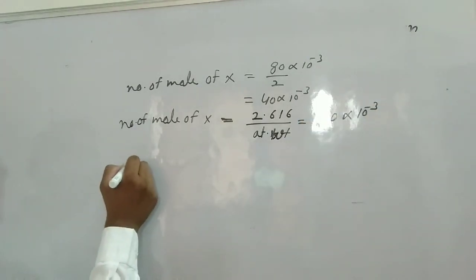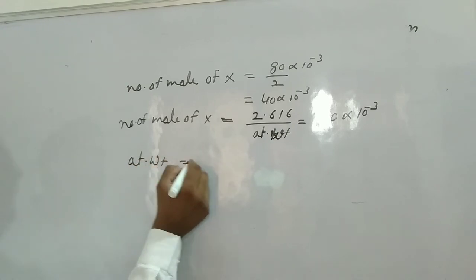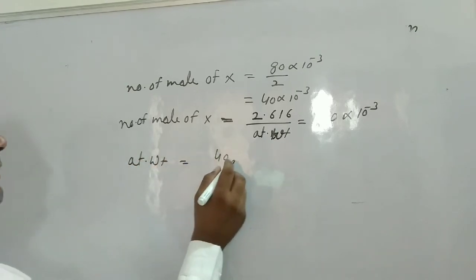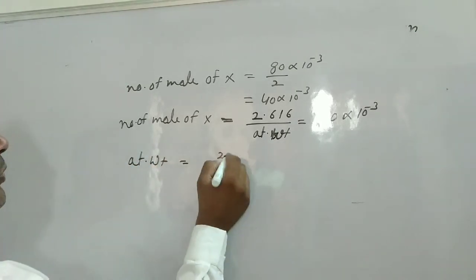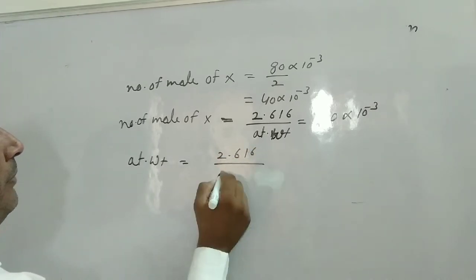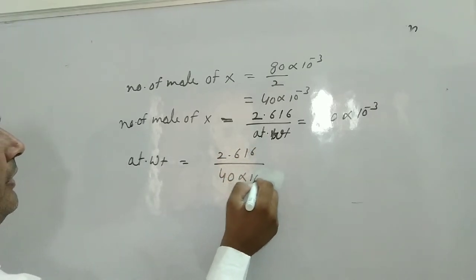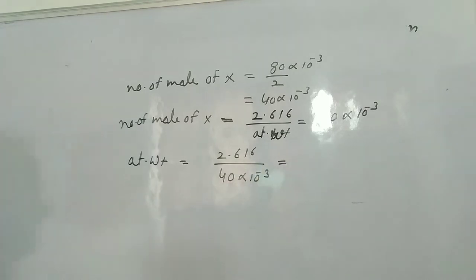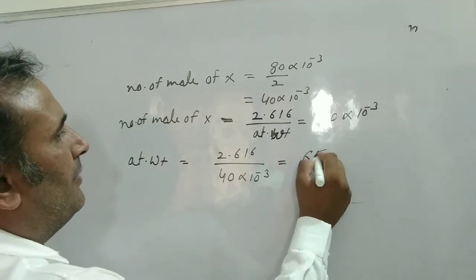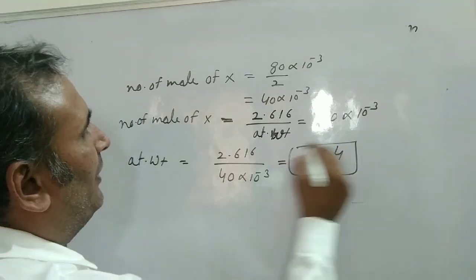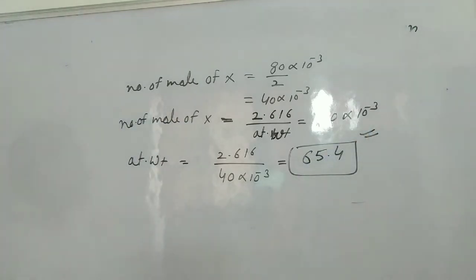So the atomic weight is equal to 2.616 divided by 40 into 10 raised to power minus 3. If we calculate it, our answer will be 65.4. So that is the atomic weight of that element. Thank you.